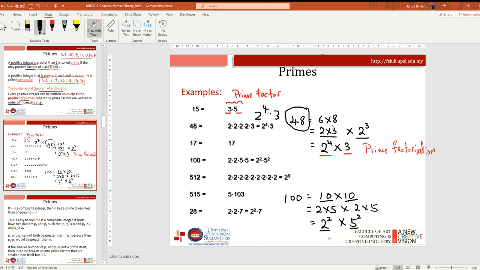Or you can write it like this: 48 equals 6 multiplied by 8, then 2 multiplied by 3, and then multiplied by 2 to the power of 3. So 2 to the power of 4 multiplied by 3. This we call prime factorization.